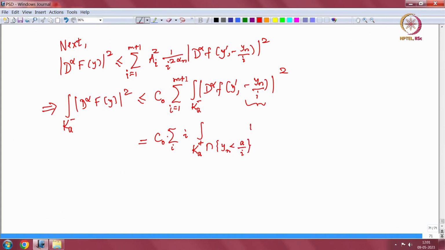Okay, so d alpha f of, now I put just y square, but that is again, so you just say that this is C0 K, and you sum over alpha, and that implies.